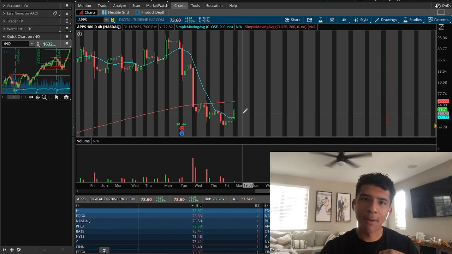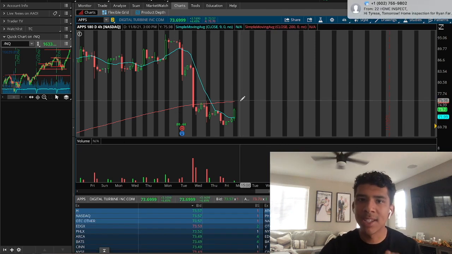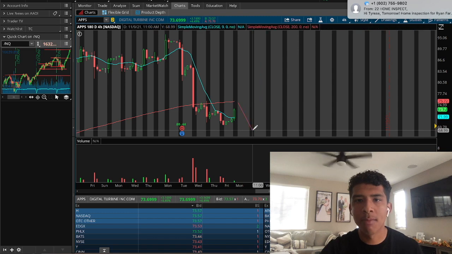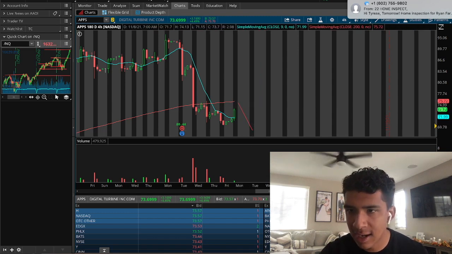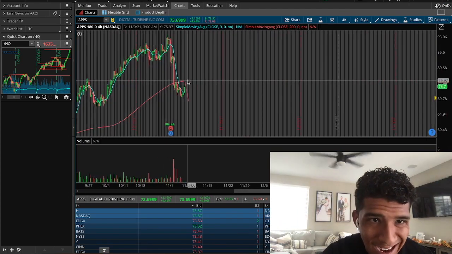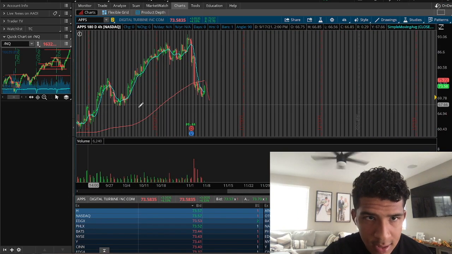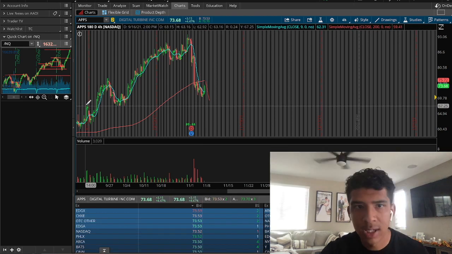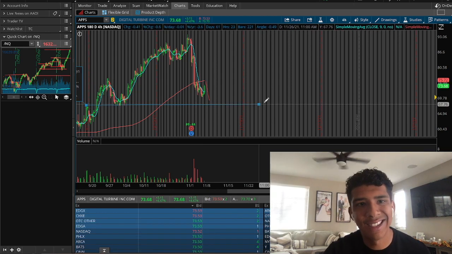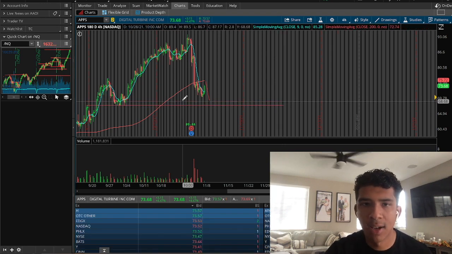We want to make sure that we are taking confirmation into account, that it can potentially sell off, and we want to make sure that we create a stop loss. So, in my defense, I think there is a support level right here around, let's see here, $67. I don't know if I want to go that far at my stop loss.